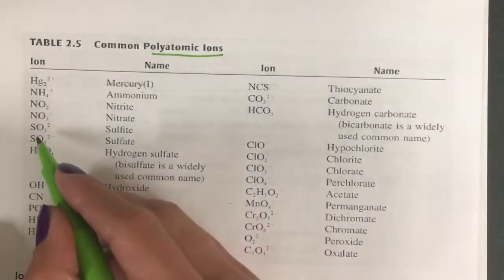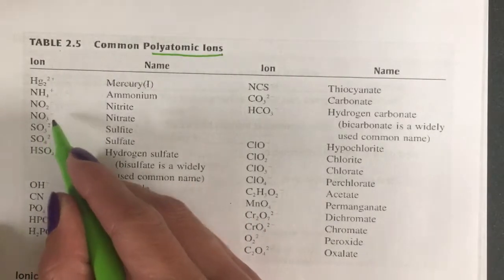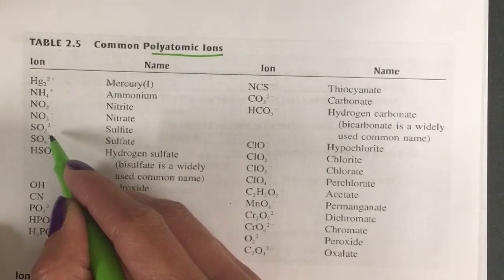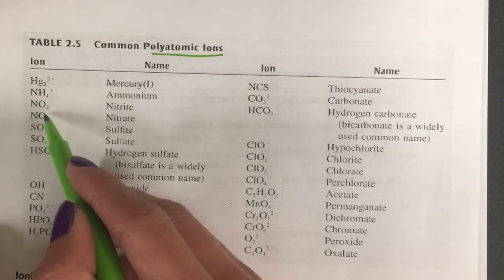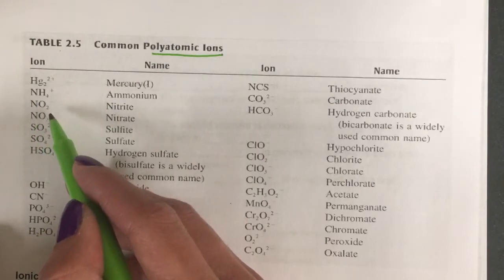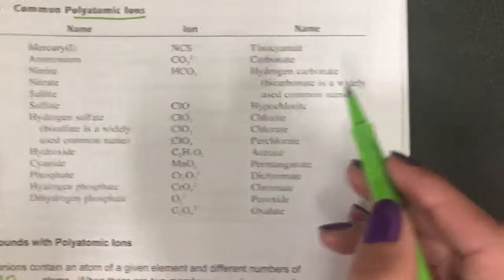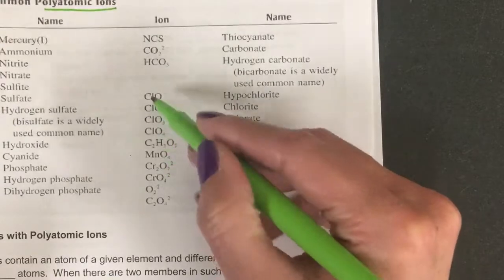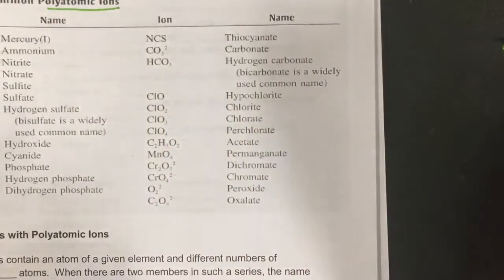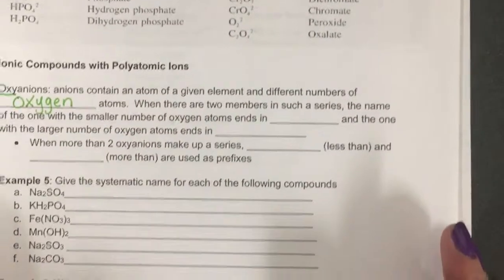So for example, we have SO3 with a 2 negative and SO4 with a 2 negative. I've got NO2 negative and NO3 negative. So we can have series. Over here, in fact, we've got lots. ClO, ClO2, ClO3, ClO4. So series, okay?